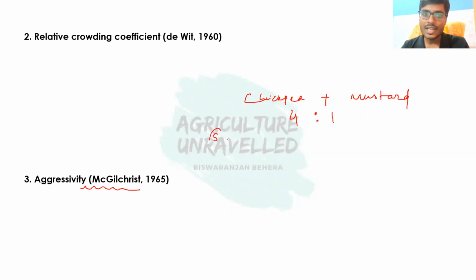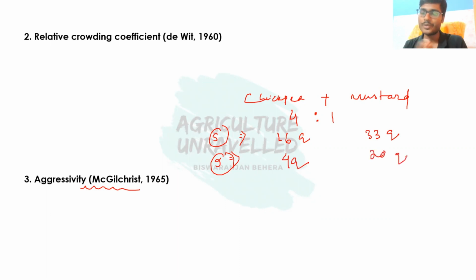The sole crop yield of chickpea is 16 quintal and of mustard is 33 quintal per hectare. And the intercropping yield of chickpea is 4 quintal and of mustard it is 20 quintal, for example. Now we have to calculate the aggressivity of chickpea with respect to mustard.